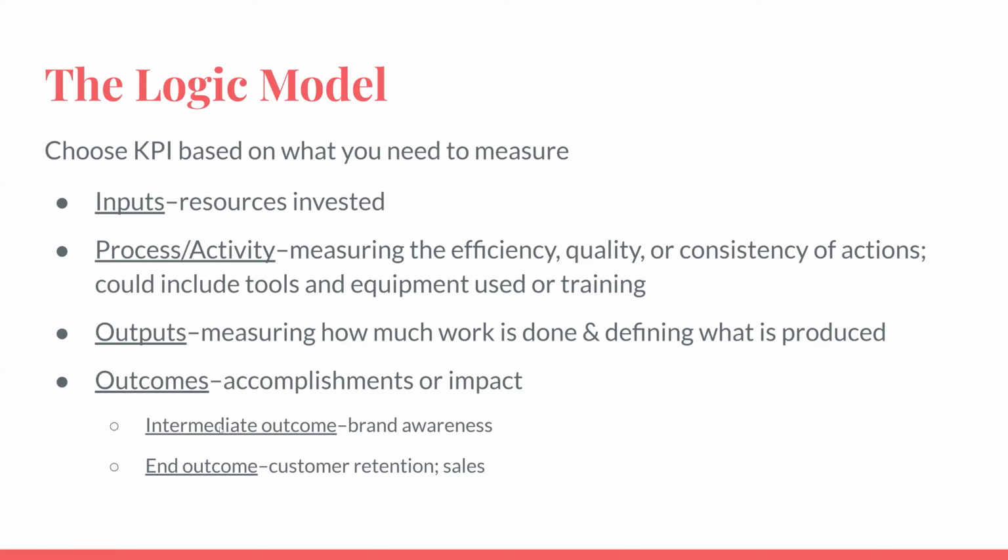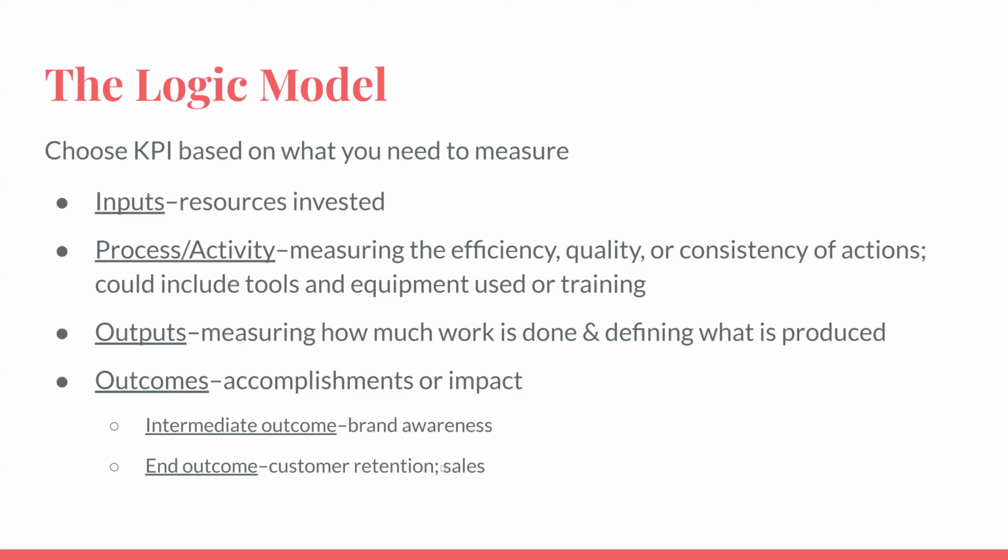Again, we're starting with our inputs, so whatever resources we're investing, and then we move into our activities, and then during our output, we're measuring how much work is being done and defining what is produced, and our outcome is going to be the overall impact of what's happened.